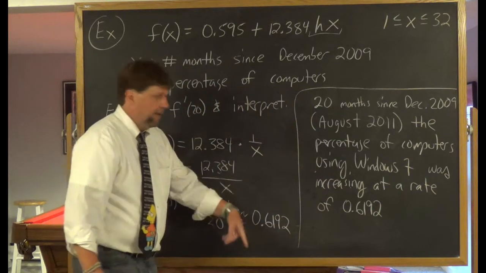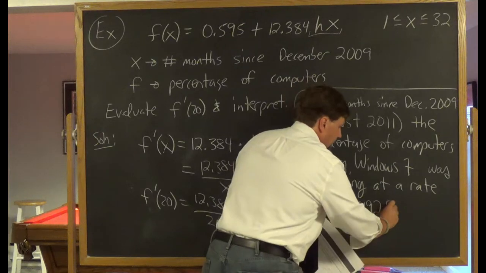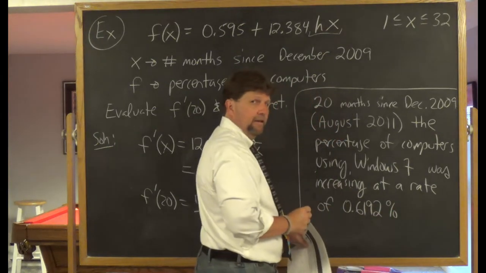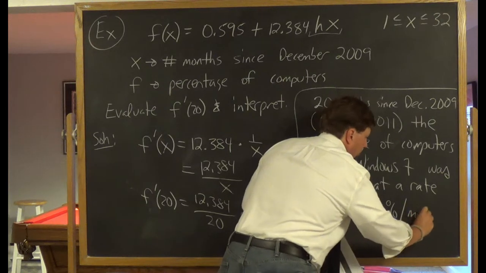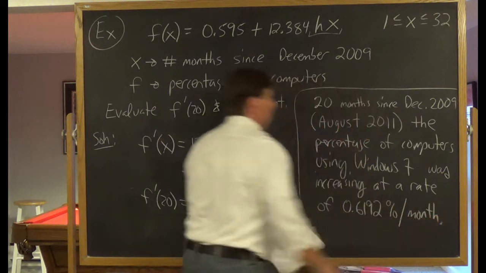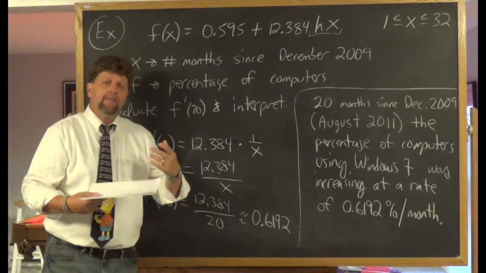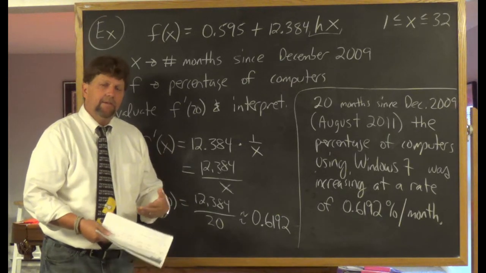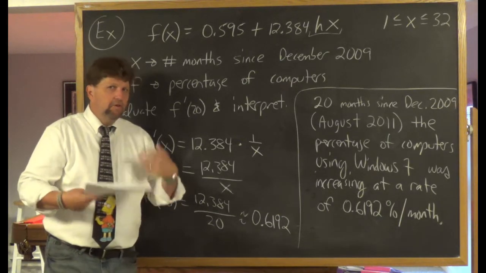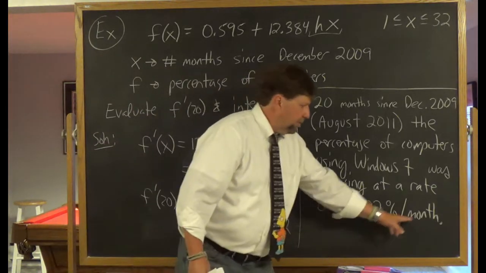That's this number, 0.6192%, and then it was per month, because our independent variable is in terms of month. One more time, we've seen this a lot already, but when you're interpreting a derivative, it is a rate, so you need those rate units, per something. Here it's per month.